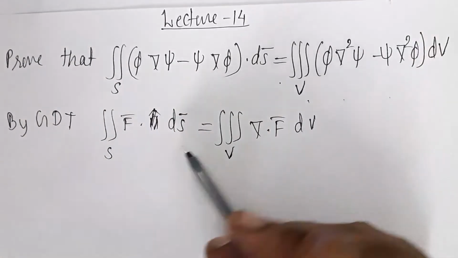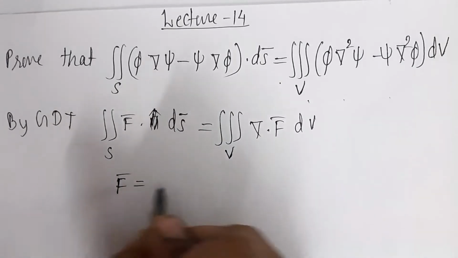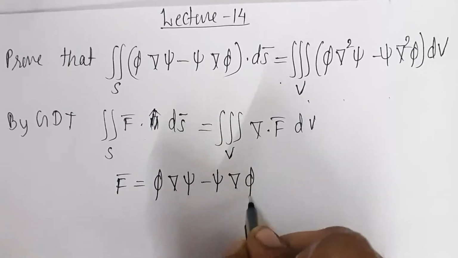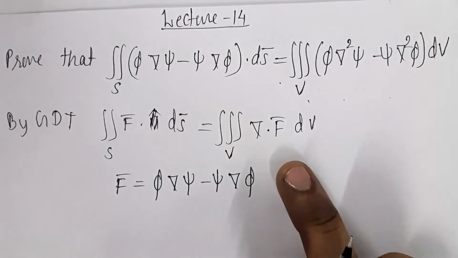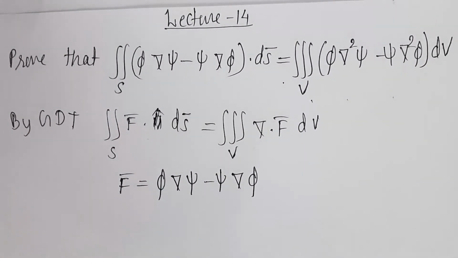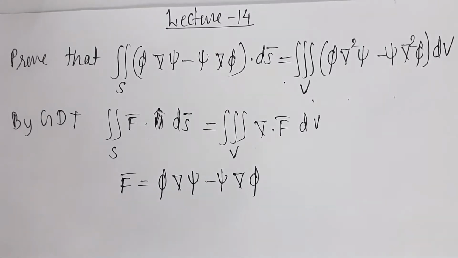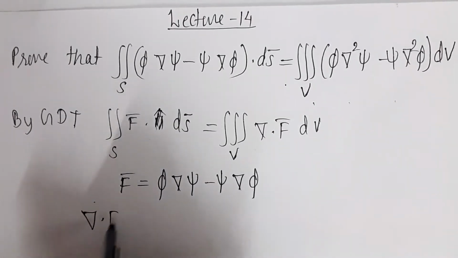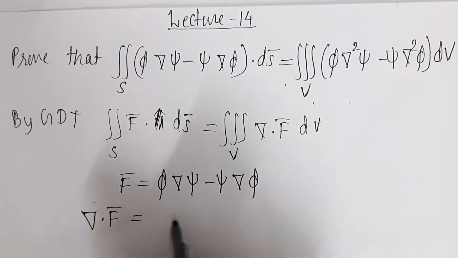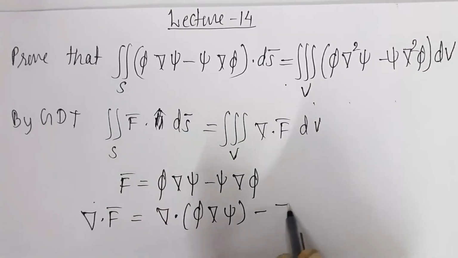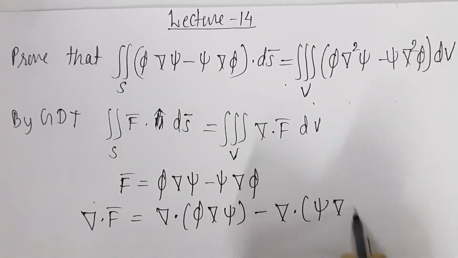What is the F vector? F vector is equal to phi del psi minus psi del phi. Now what do we want? Del dot F. So to get del dot F, apply del dot on both sides: del dot phi del psi minus del dot psi del phi.